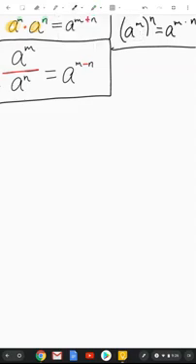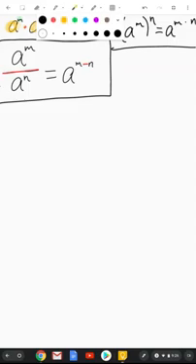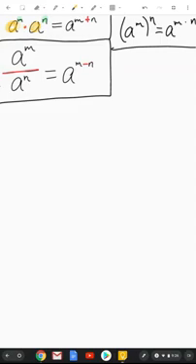So what this rule says is that for any number A, if it's multiplied by another number that is also A, this is what we can do with the exponents. When we see that we have a base to some power, we say power instead of exponent sometimes. So let's say we have a number to an exponent times that same number to a different exponent.